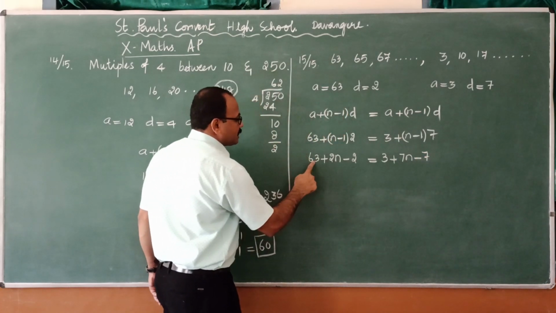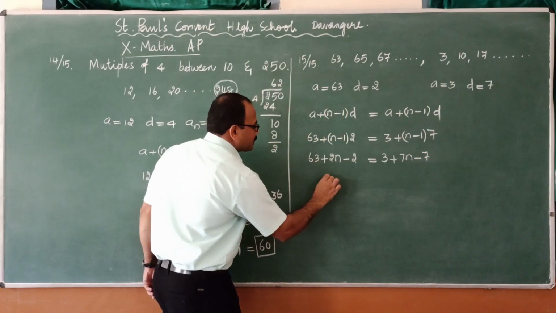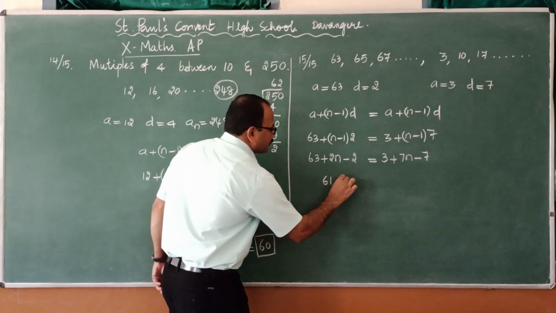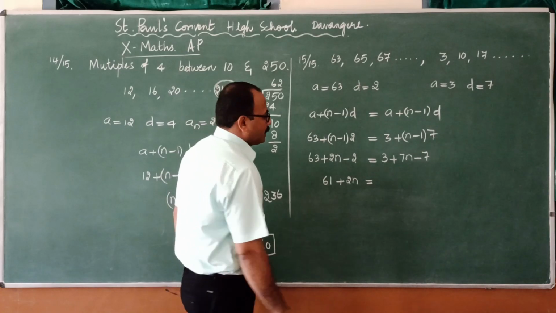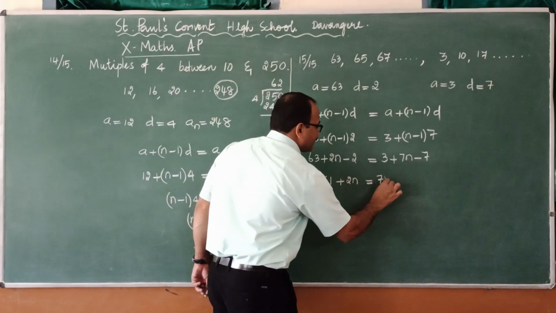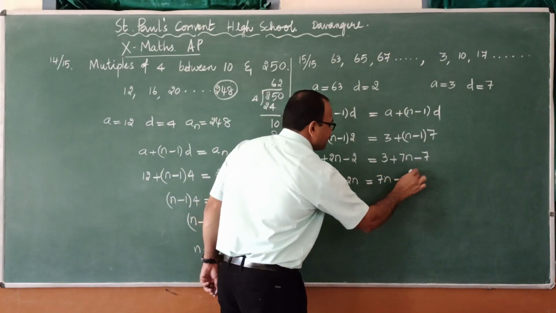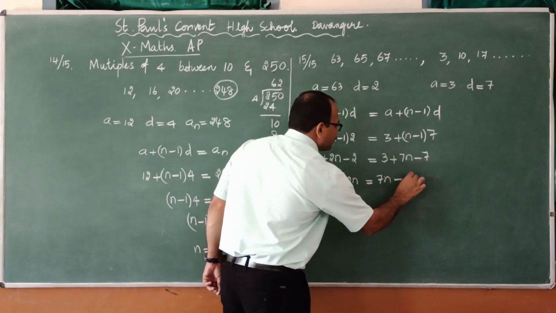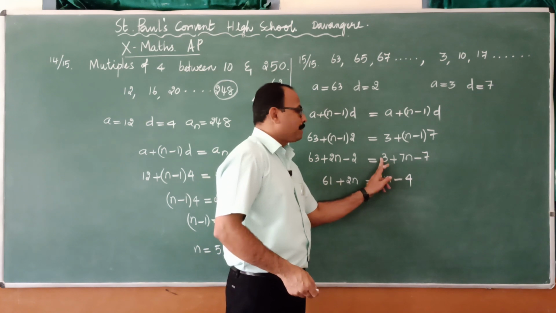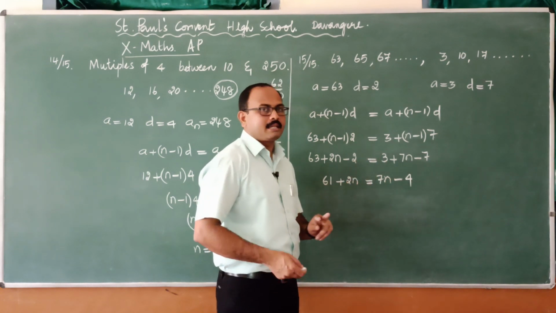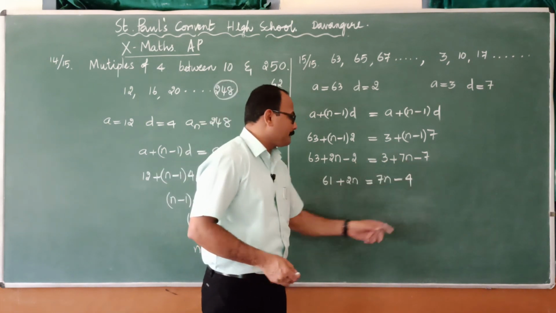Simplification: 63 minus 2 becomes 61 plus 2n will be equal to 7n minus 7 plus 3, that is minus 4. When two different signs are there, subtract and keep the greater number's sign.